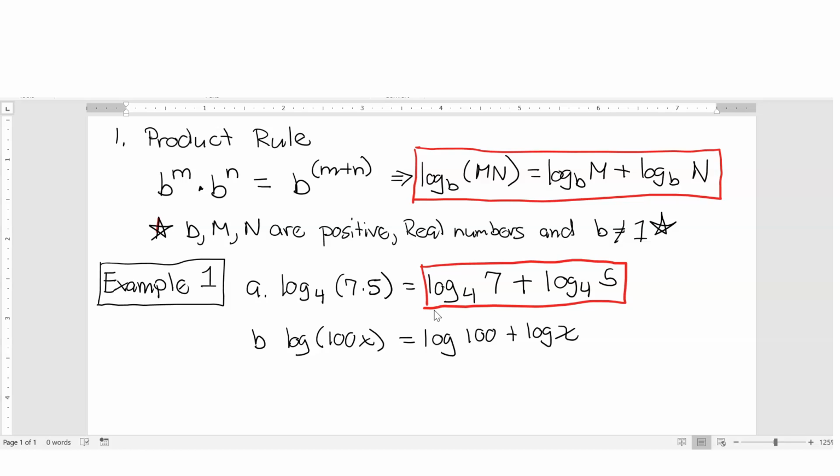And depending on the numbers you might have in an expression, sometimes you can evaluate those logarithms. Remember, here our base is really 10, our value is 100. 10 to the second power, 10 squared, is 100. So in this particular example, log of 100 you can actually evaluate to 2, and then we'll have plus log x. So this will actually be the true simplified final answer, 2 plus log of x.